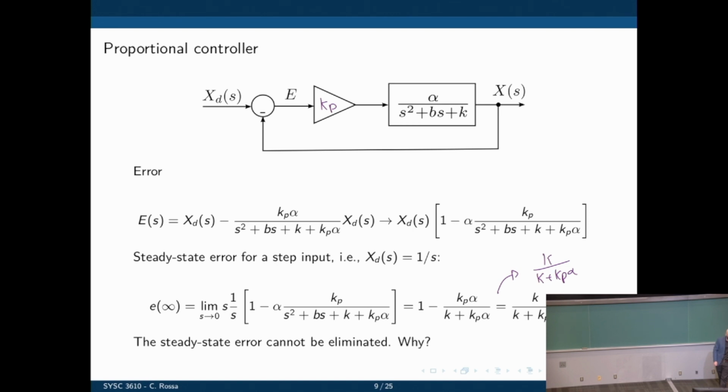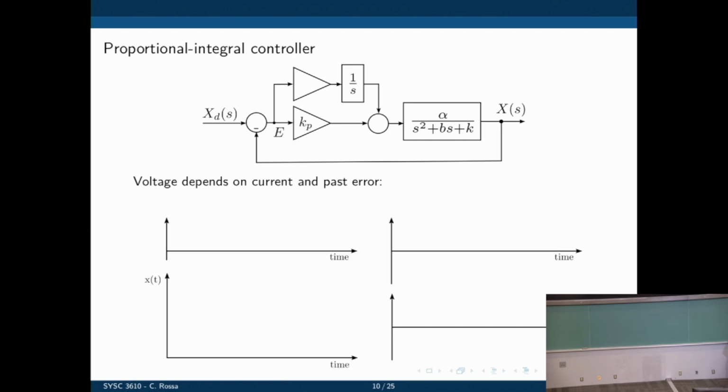Careful though, because this Kp is now affecting all the poles of this transfer function. It is affecting the transient. The greater Kp, the more underdamped the system becomes. But as far as the steady state error is concerned, we can never eliminate that.